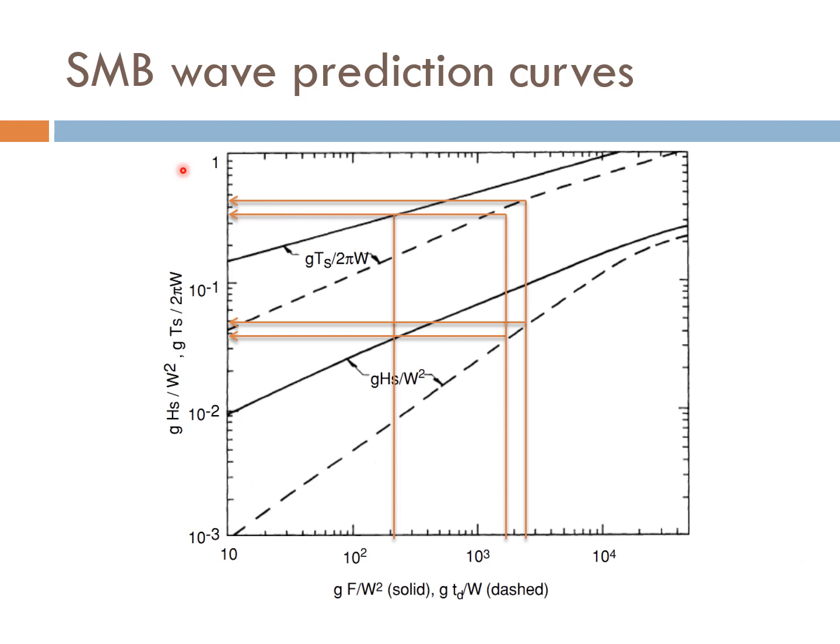So there is a lot of information here, but basically we know that the wind fetch affects the wave height as well as the wave period. The wind duration also affects the wave height and the wave period.